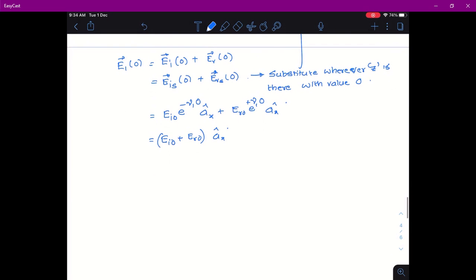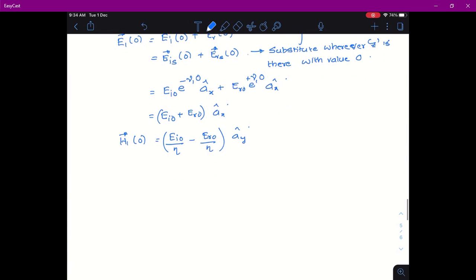Similarly, I can write H1 of 0 is equal to EI0 by eta minus ER0 by eta. This is A y cap, and E2 of 0 is equal to ET0 along AX cap.